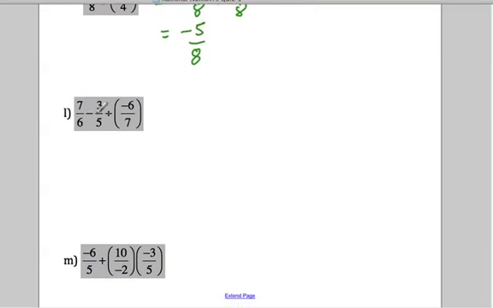Okay, order of operation, we have to do the division before we do the subtraction. So we rewrite the 7 over 6 minus 3 over 5. And when you divide, you multiply by the reciprocal.